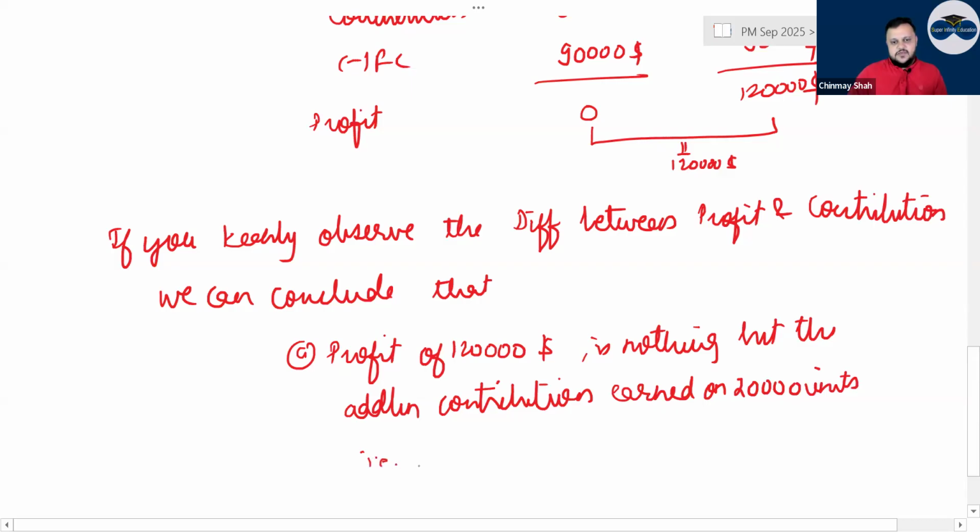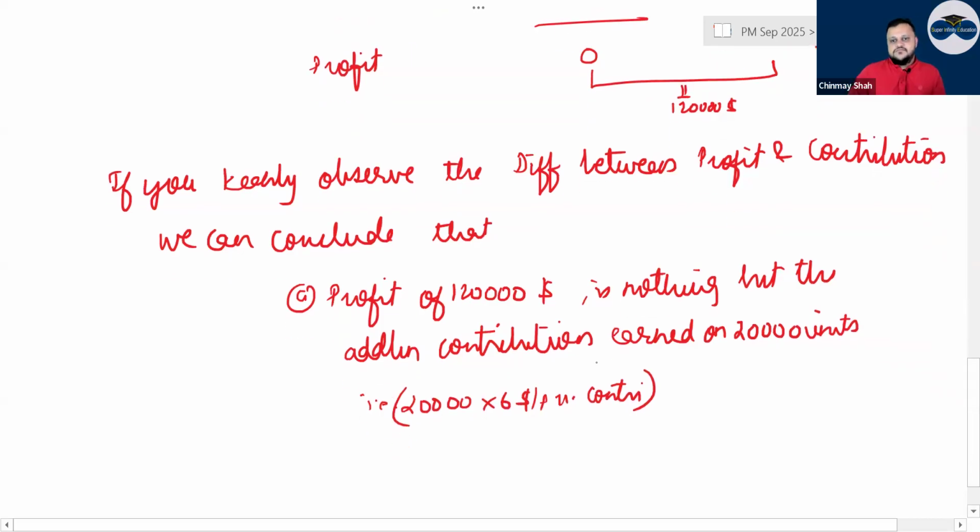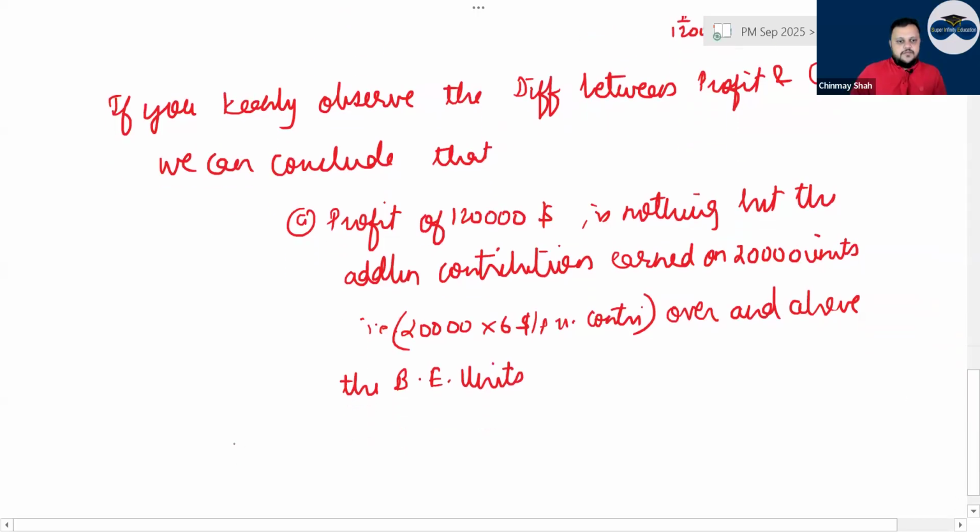That is 20,000 into $6 per unit contribution, correct? Over and above the break-even units. B.